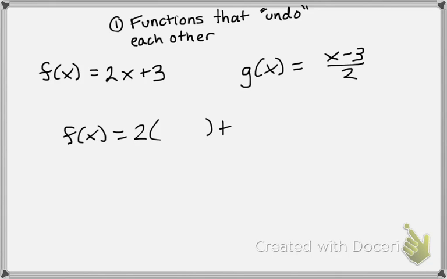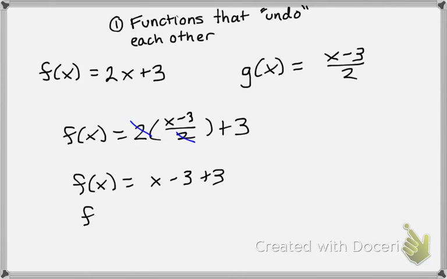I'm going to take out the x and substitute g of x. These will cancel out, and what I have is x minus 3 plus 3, which is just x. So it essentially undid any operation that was happening.